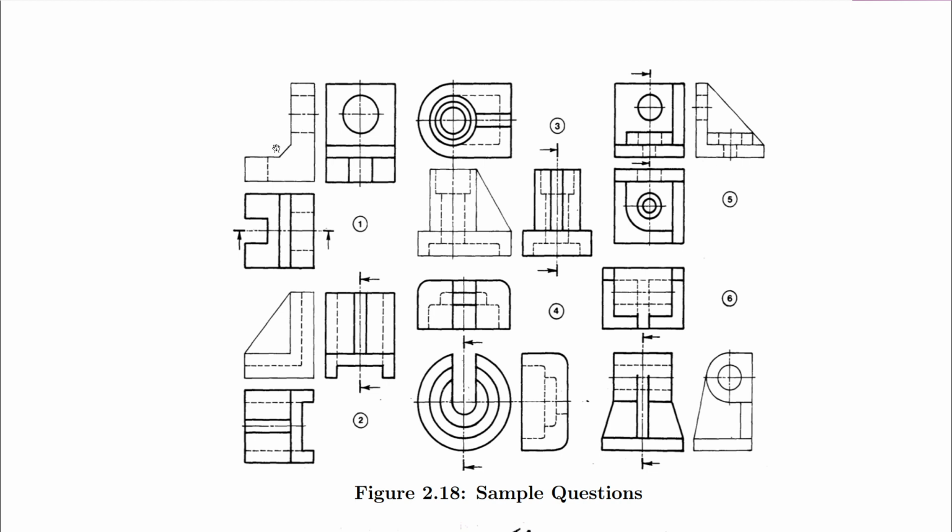Here the front view has been drawn already, and we can see the features shown. We have hidden lines shown here, short dashes indicating that there are some features which cannot be seen from the direction when you view and project the front view. When you look at the position of the cutting plane, it has gone through this object, through the center. So on the front view, there are some short dashes here which indicate the slot that we have inside here.